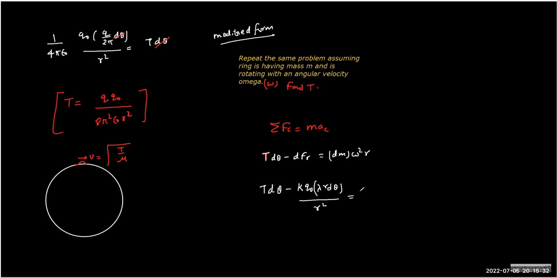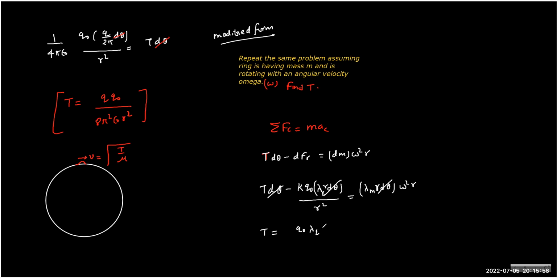I cannot use lambda for charge and lambda for mass in a similar fashion. I may make lambda q and lambda m, r d theta times omega square r. That's it. Now you can see d theta gets cancelled at once.